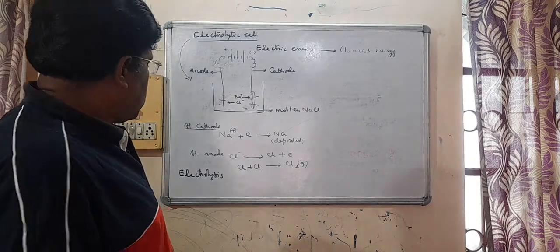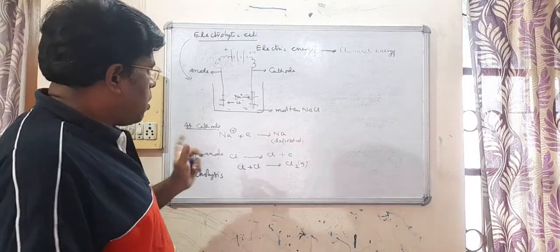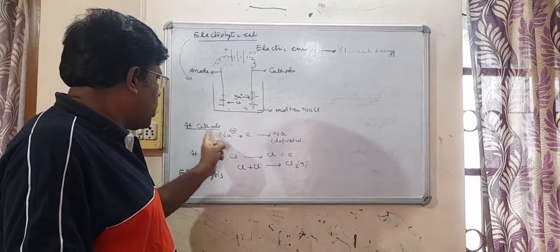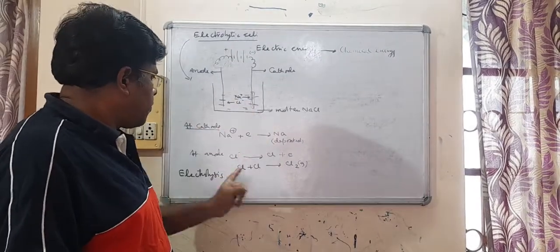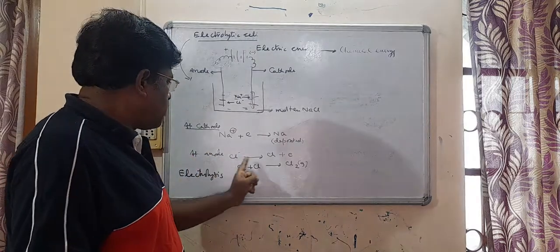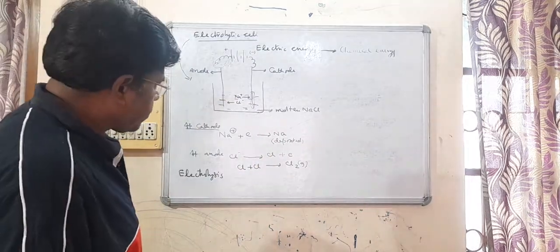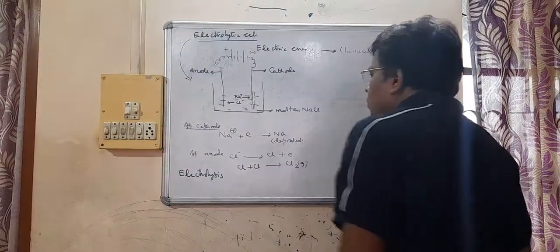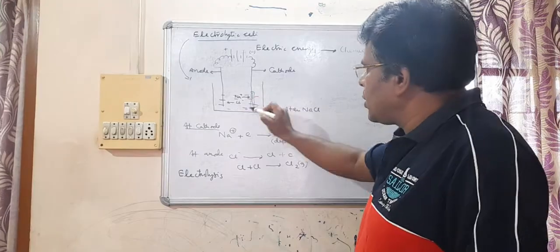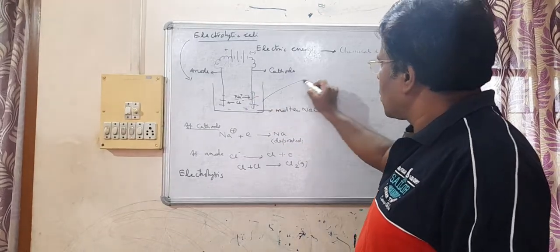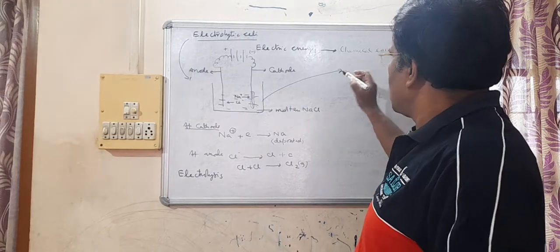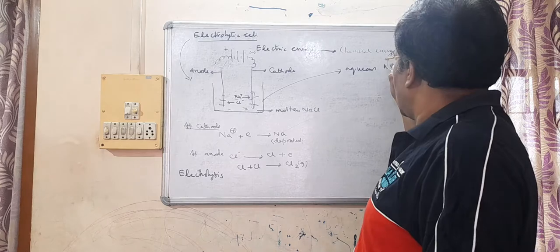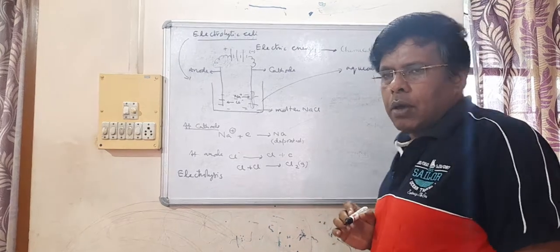But remember, like a galvanic cell, reduction takes place at the cathode, even here. Oxidation takes place at the anode, even here. Okay, now if we had aqueous sodium chloride, then what is going to happen?